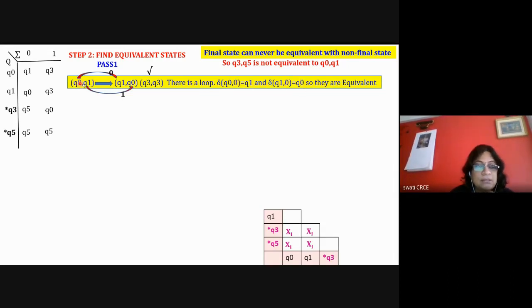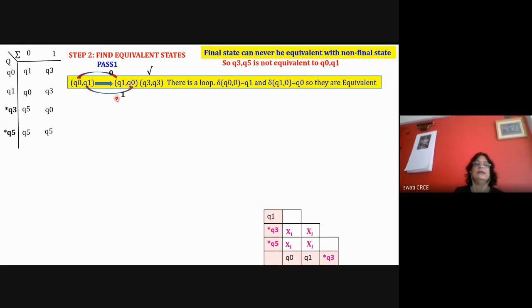Here the sequence is Q0, Q1 and here the sequence is reversed, Q1, Q0. If such a loop is there, then we assume that they are equivalent.